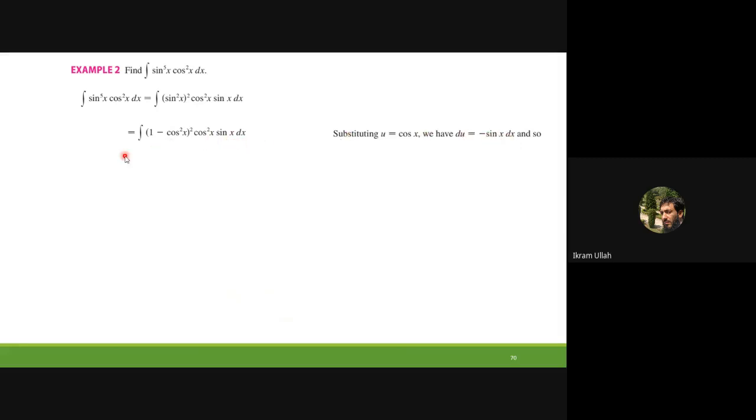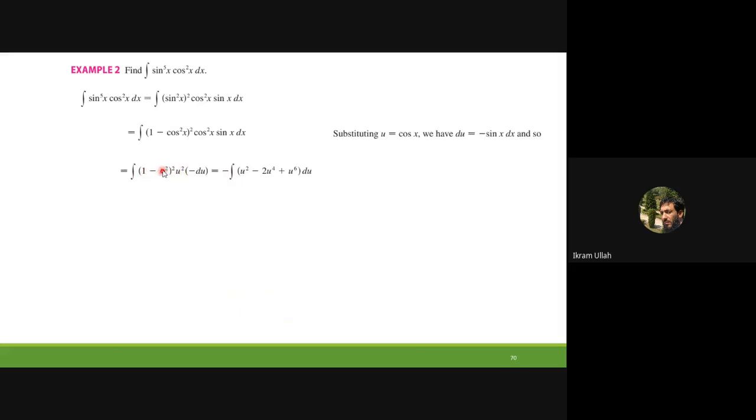So substitute here: 1 minus cos square x, where cos of x is u, so this is u square whole square, and this is cos square, so u square, and sine x dx we replace by du. du is equal to minus sin x dx, so the minus comes outside: minus du.